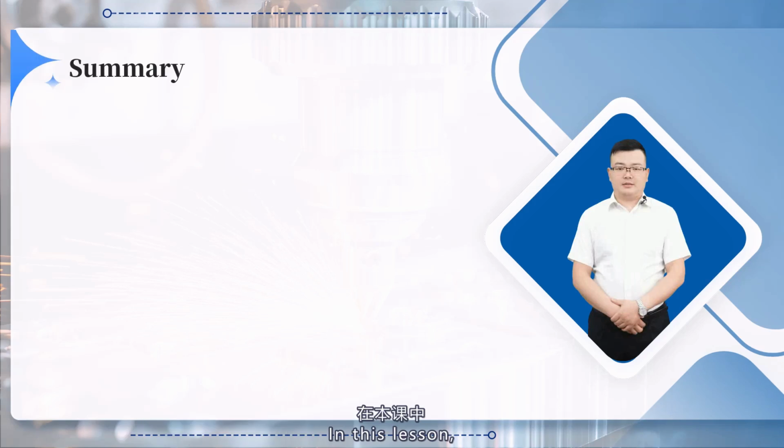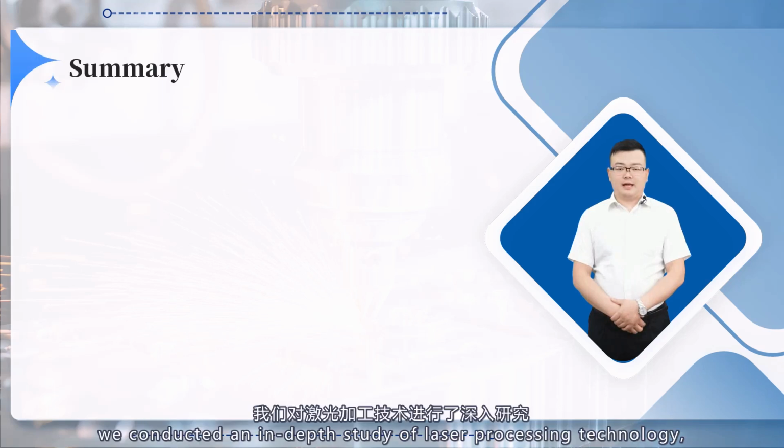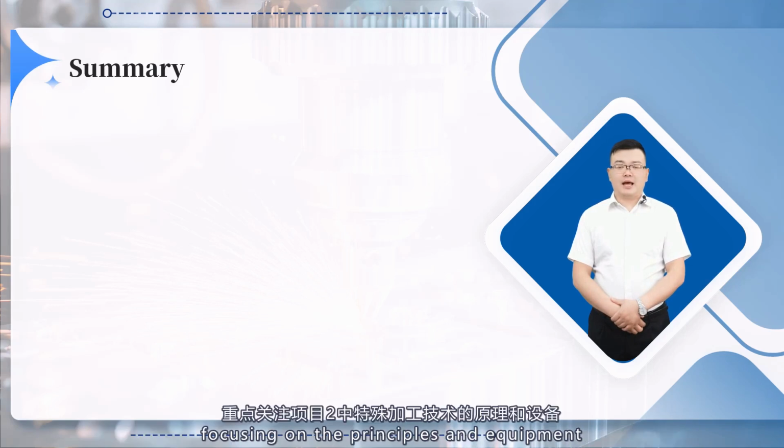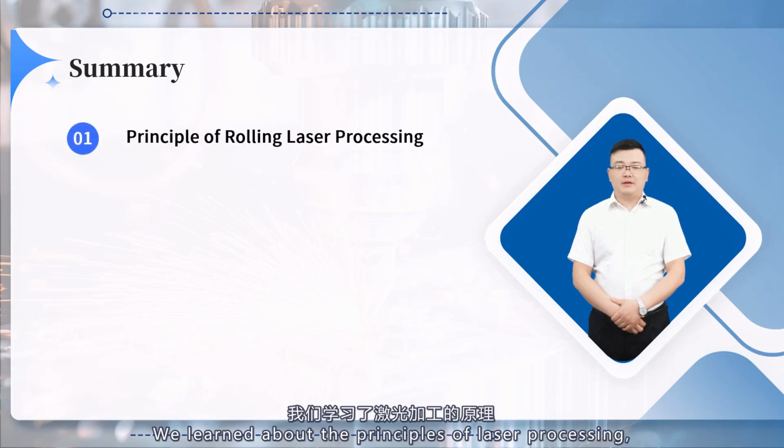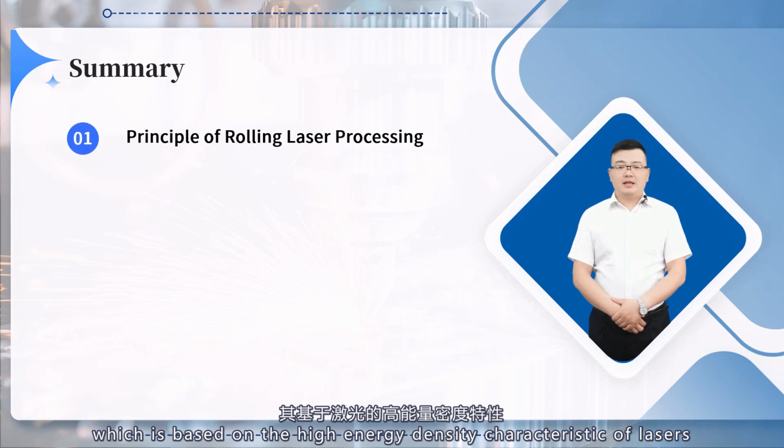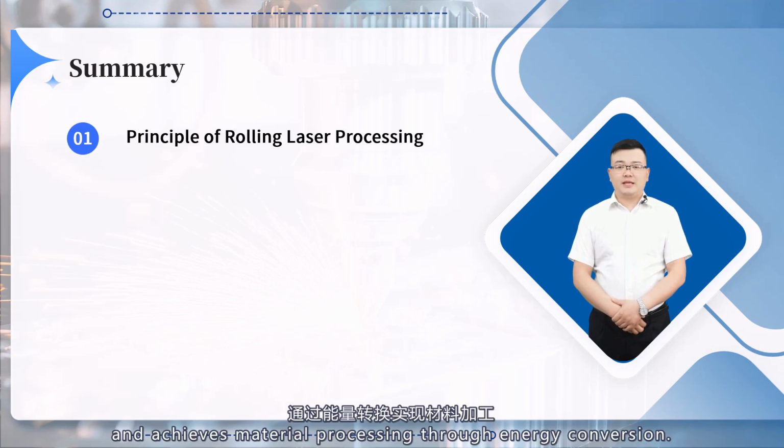In this lesson, we conducted an in-depth study of laser processing technology, focusing on the principles and the equipment of special processing technologies. In Project 2, we learned about the principles of laser processing, which is based on the high energy density characteristic of lasers and achieves material processing through energy conversion.